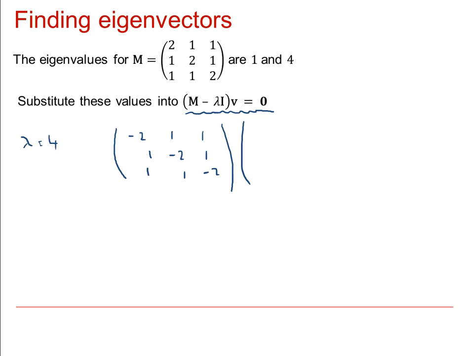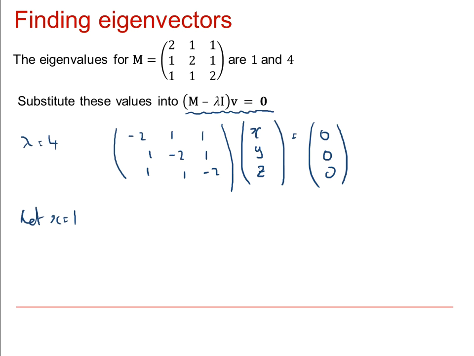And that's multiplied by the eigenvector x, y, z that we're trying to find, and that must be equal to the 0 vector. Now remember, we want to find an eigenvector, and so we can let x be equal to 1 and find the particular eigenvector which has x equal to 1.